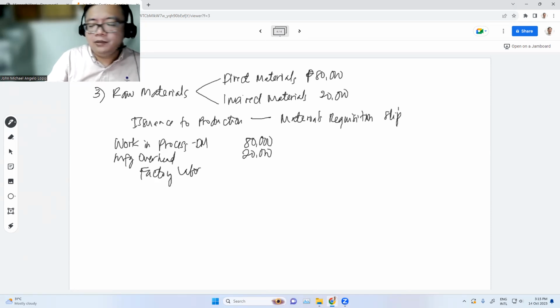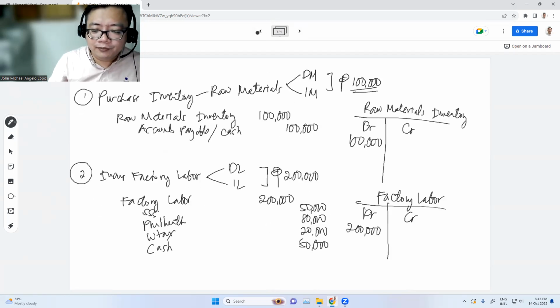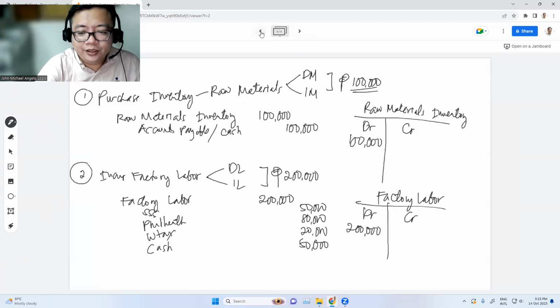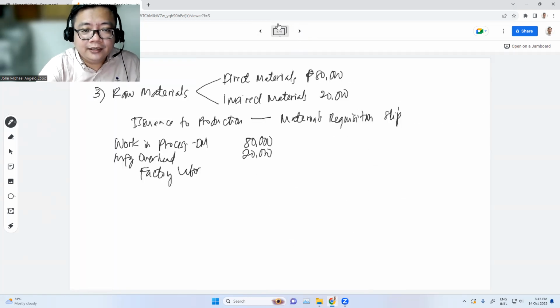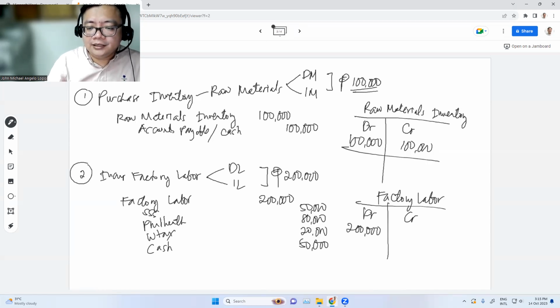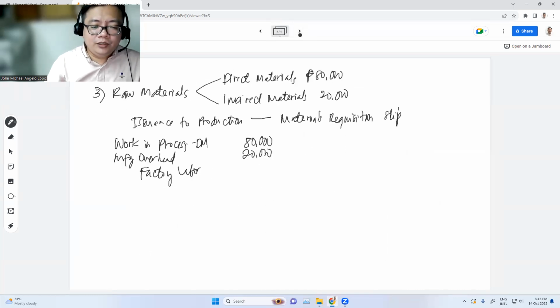It means, class, our factory labor will become zero. Ah, 20K. 200,000 pala, sorry. Ah, 100,000. Sorry, 100,000. So our raw materials will become zero, nothing is left.